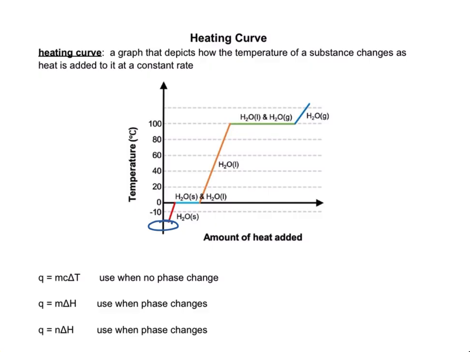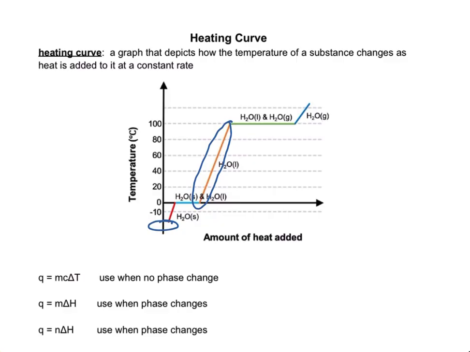As we continue to add heat, our liquid starts to warm up, and this region is all liquid. So as we start adding heat, our liquid starts to warm up till it reaches 100 degrees Celsius. At 100 degrees Celsius, that's the boiling temperature of water.